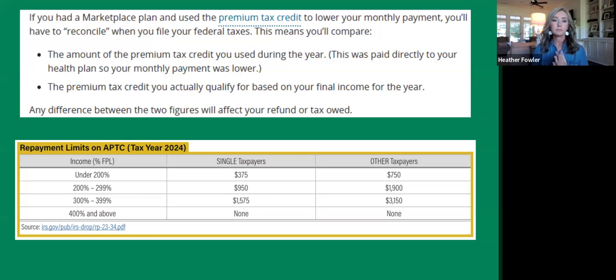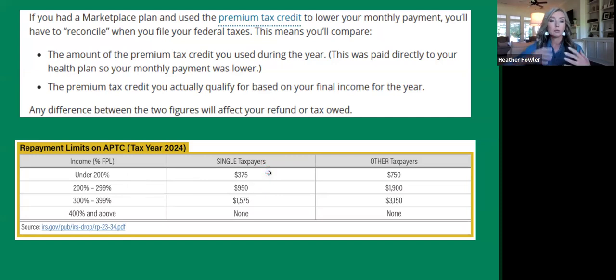Now, there are some repayment limits right now. These things are all subject to change, but for today, there are some repayment limits. So if someone estimates their income incorrectly and they receive more tax credit than they should have, if they're under that 200% of the federal poverty limit, a single taxpayer would only have to pay back $375.